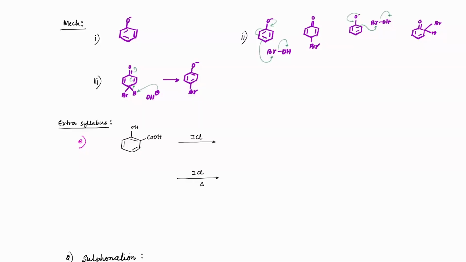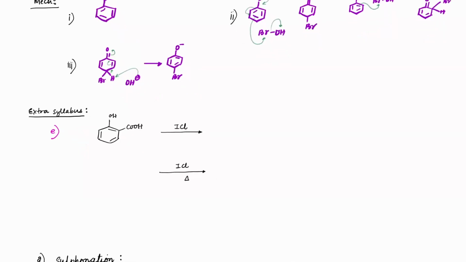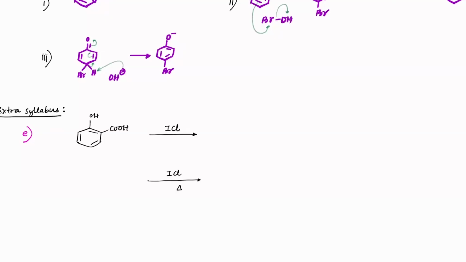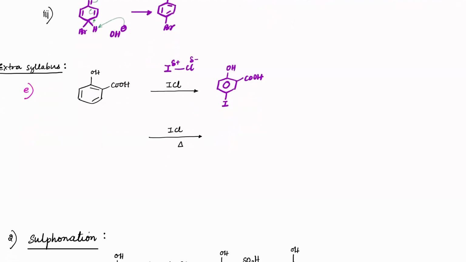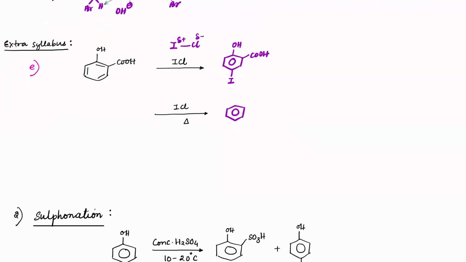In the next set of reactions, in case you have phenol with a COOH with ICl here, you would notice that it is I delta plus and Cl delta minus, which means this will act like an electrophile. Hence, the attack would be on the para position. So with respect to OH, at the para position you'll get I here and COOH here. Next, if you have ICl and heat, there is a slight difference here.